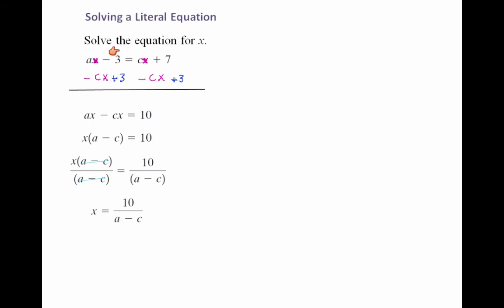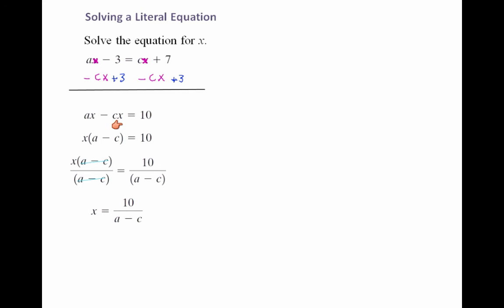So I move this 3 here from left to the right. So this will be 0, 7 plus 3 will be 10. So I have all the terms that contain x on one side of the equation and all the numbers on the other side of the equation.